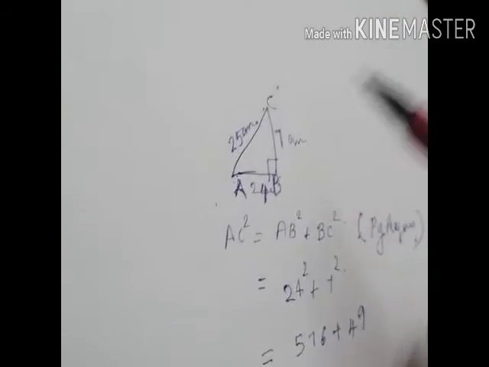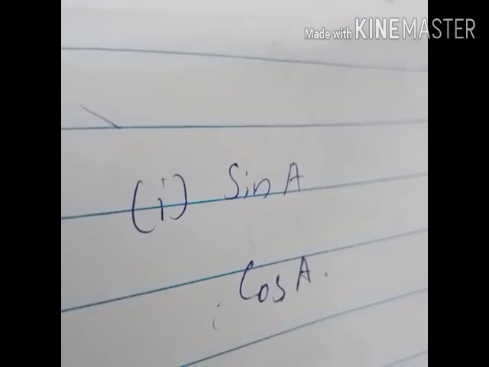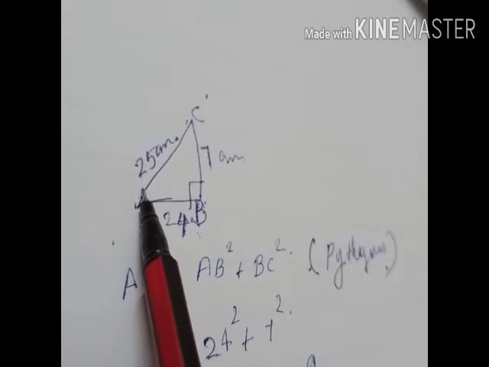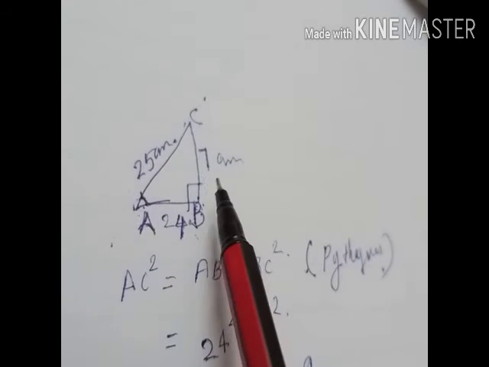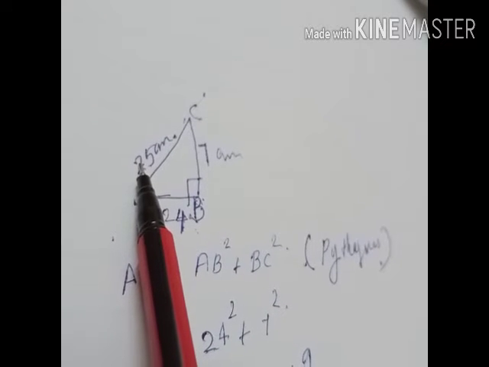Clear? Then as the first sub-question, we have to find sin A and cos A. We can look at the figure. For sin A, with respect to angle A, the opposite side is 7 and the hypotenuse is 25.